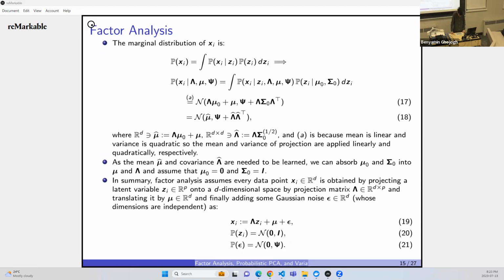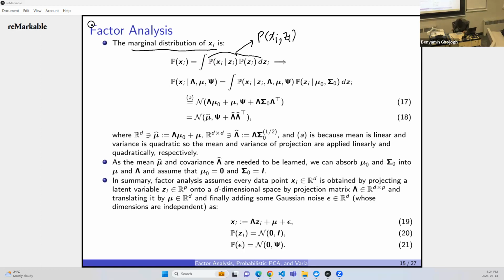Then the marginal distribution of xi. What do I mean by marginal distribution? It means that I integrate over all of the zi's: the integral of probability of xi given zi times p of zi dzi. This is equivalent to the joint distribution of xi and zi.